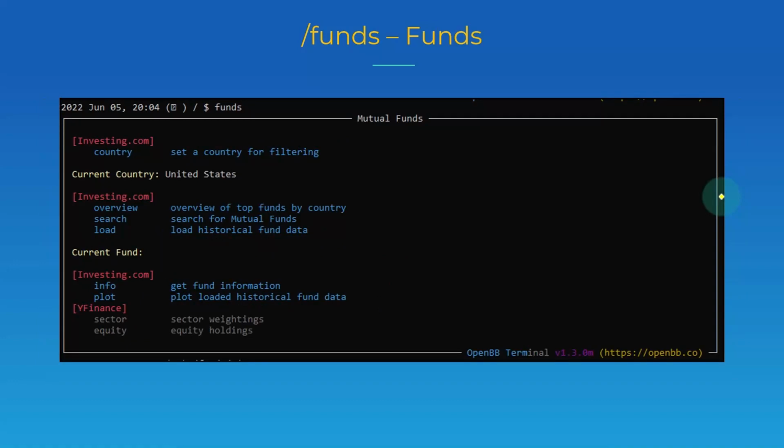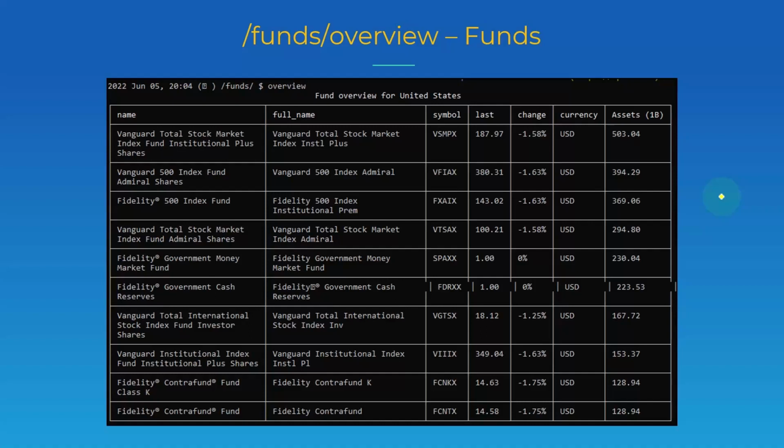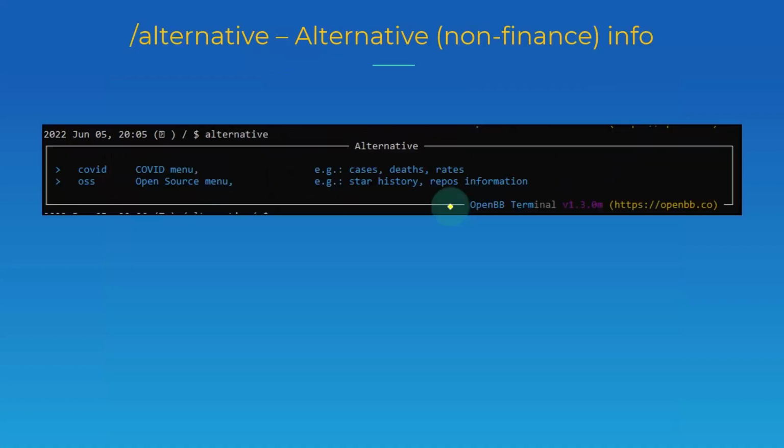You can look at mutual fund data over here. I think I do dive into some, yeah. So you can use the overview command under funds and then get to see the top performing funds for that particular day. All right, kind of weird, but they also have some alternative data sets in there.